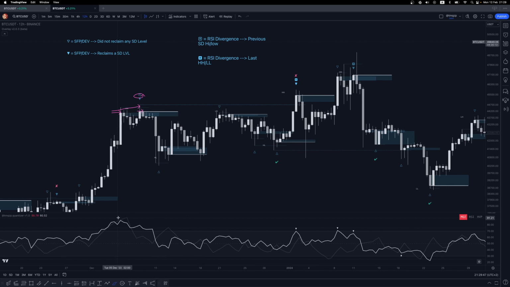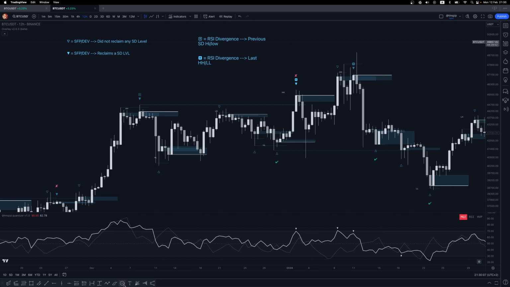Right, so there's divergence between these points. We can see RSI is making a lower high while price action makes a higher high, right? There's divergence there. I guess you guys should be familiar with that stuff. It's not too complicated. It's very common knowledge, I suppose.